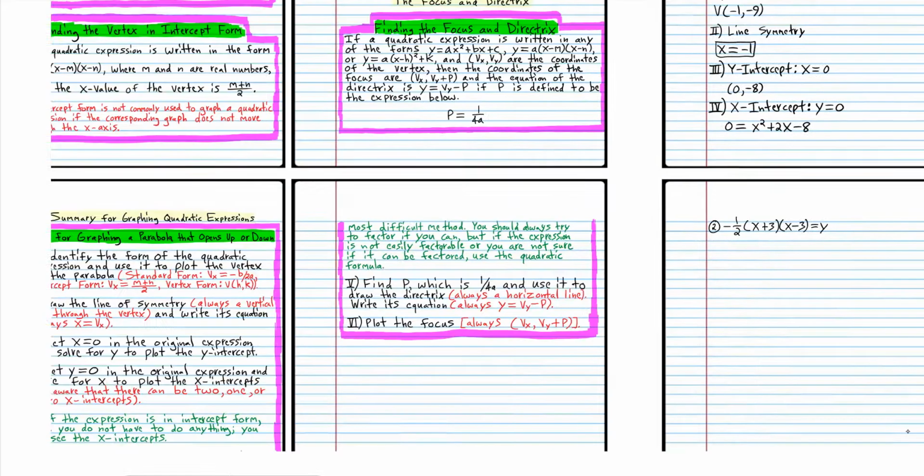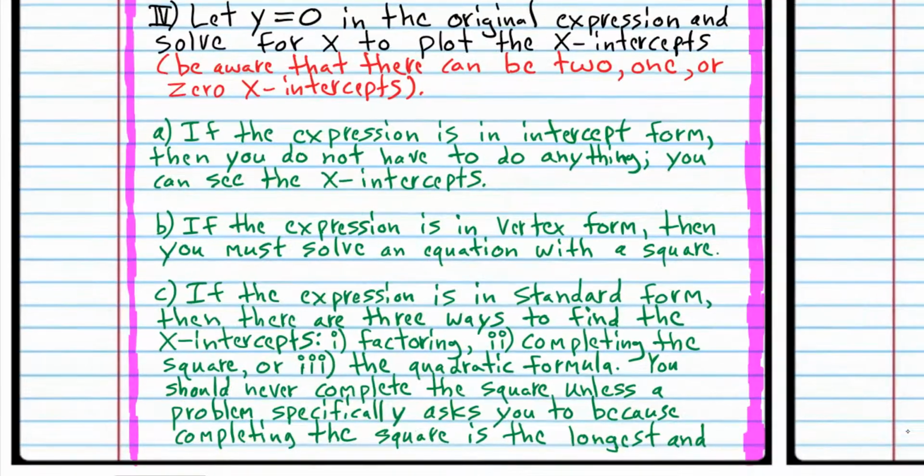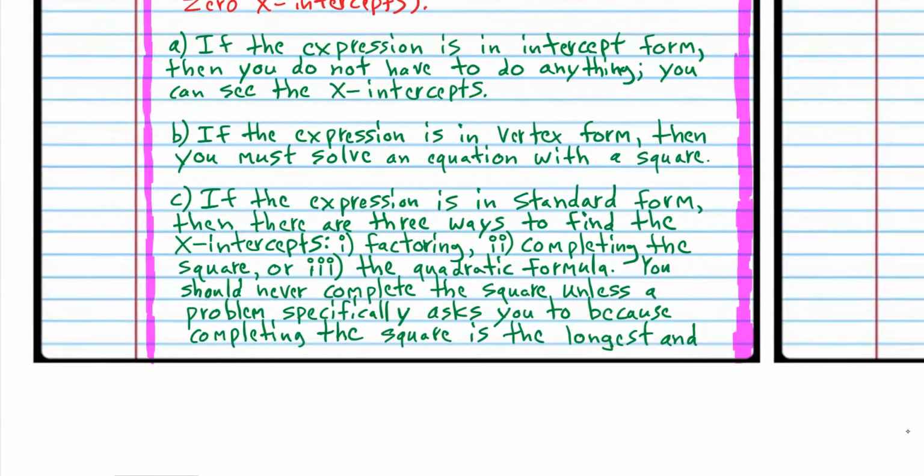Now, over here it says if the expression is in standard form, which it is, then there are 3 ways to find the x-intercepts. You can factor, you can complete the square, or you can use the quadratic formula. Now, you never want to complete the square, unless somebody forces you to, unless your teacher says you have to, because completing the square is the most difficult method.